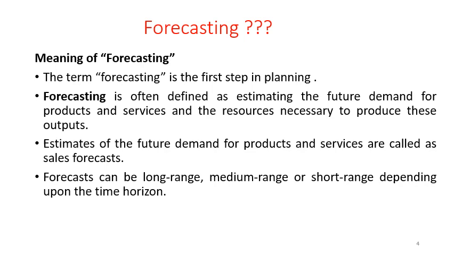Similarly, for some organizations a long range time could be above 5 years, whereas for some other organizations this 5 year term could be a medium range time horizon. So different organizations look at it in different ways.